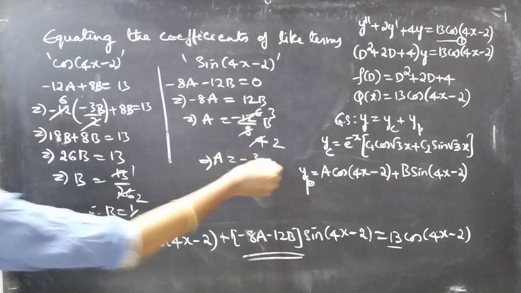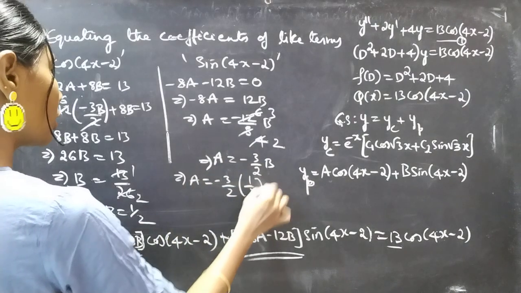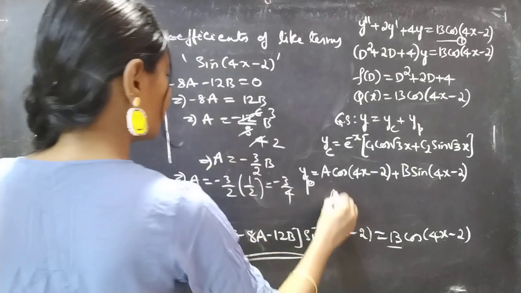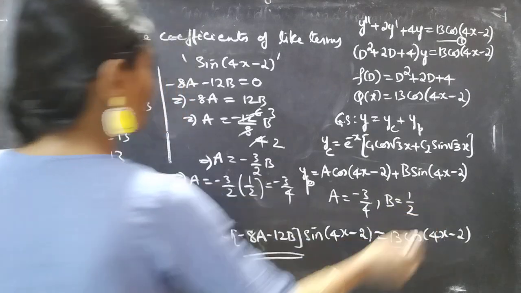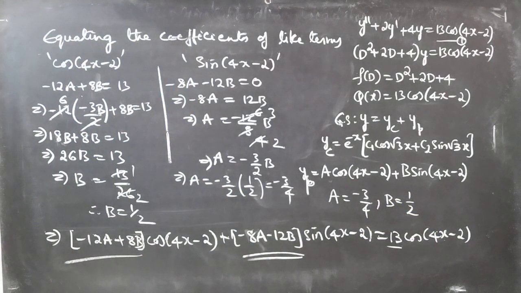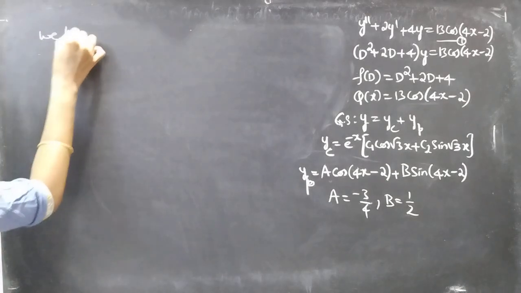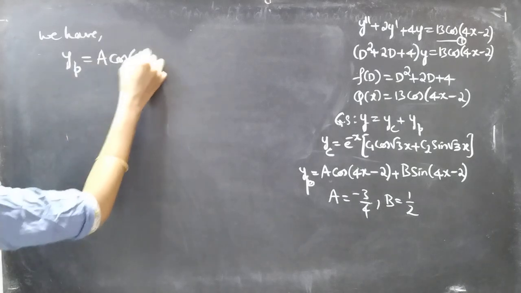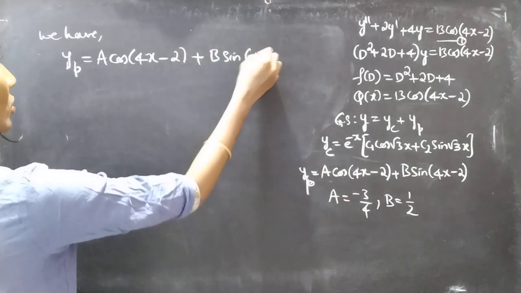Now substitute the value of b in it. We'll have the value of a is minus 3 by 4 and the value of b is 1 by 2. Now substitute the values of a and b in yp. We have yp equal to a cos of 4x minus 2 plus b sine of 4x minus 2, right?